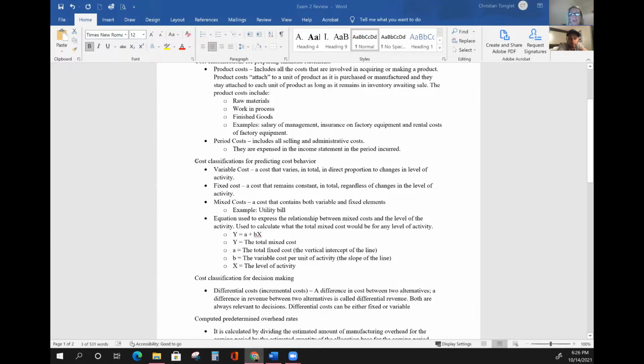All right, then we have period costs. So anything that's dealing with your administrative or your selling, that's going to be your period costs. These expenses will be on the income statement under the operating expenses, and they'll be expensed in the period in which they incur. So in principles, you learned that we want to try to match the cost or the expenses when we're actually selling the products or services.